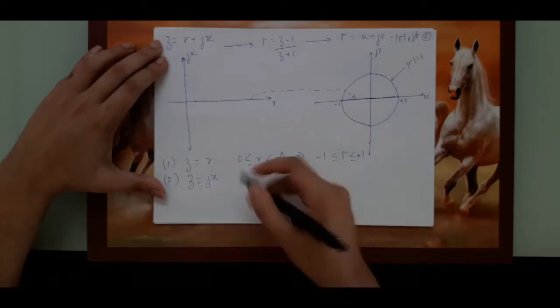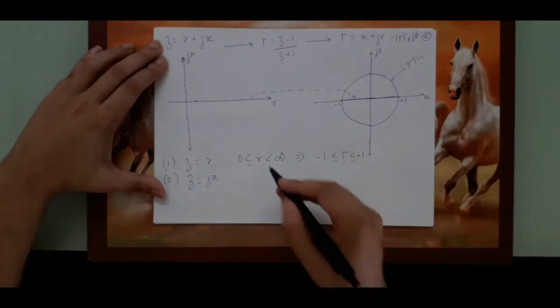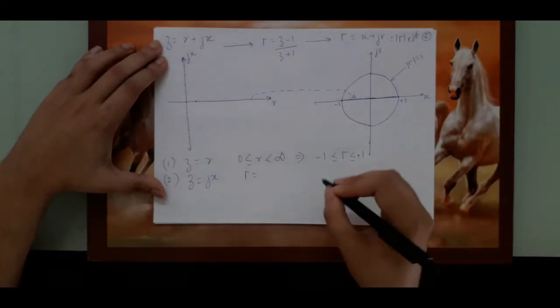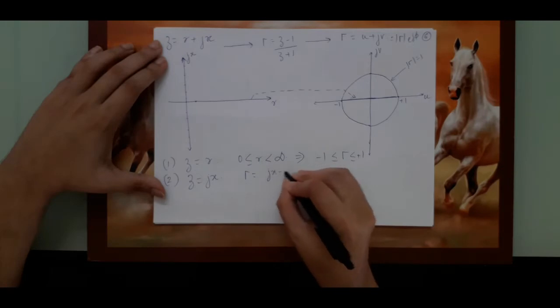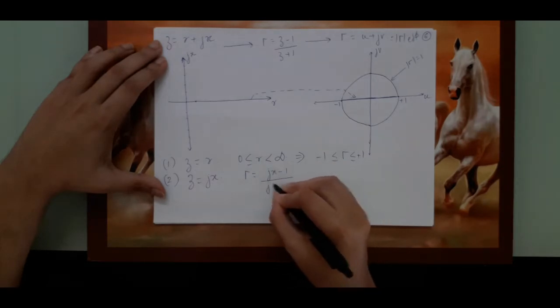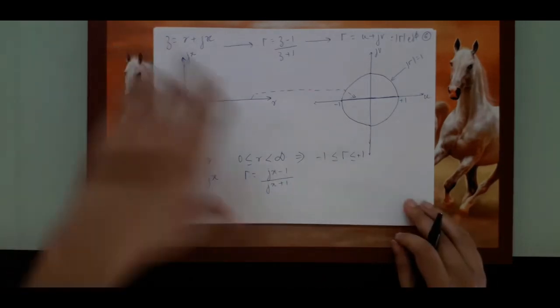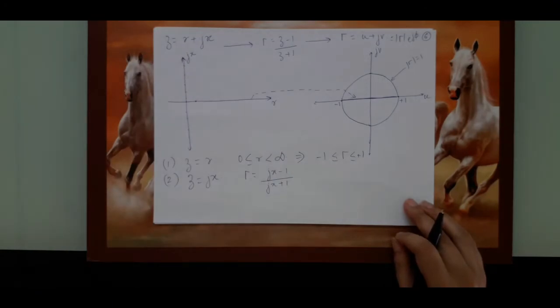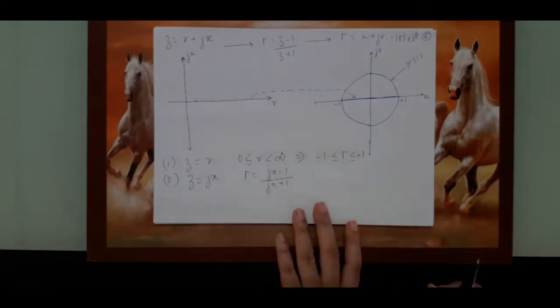Now what will that be on the gamma plane? In this case, gamma will be (jX minus 1) by (jX plus 1). So as you can see, in general it will be a complex number. But can we say something about this?